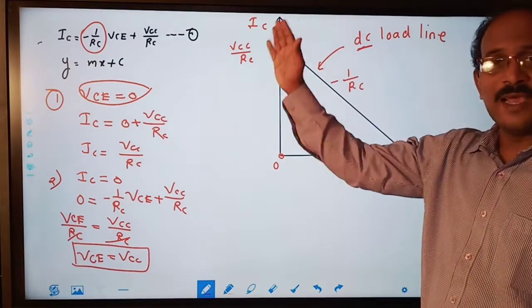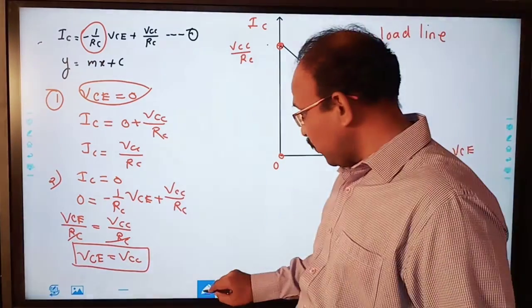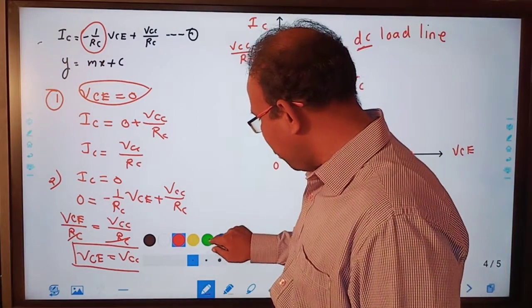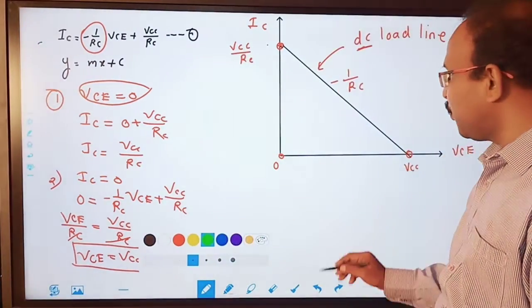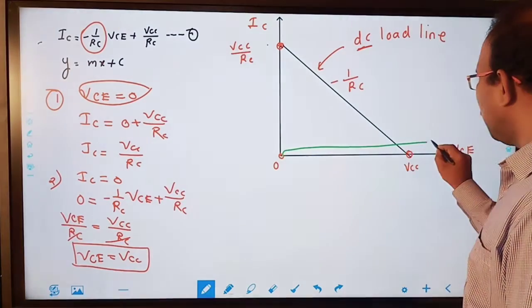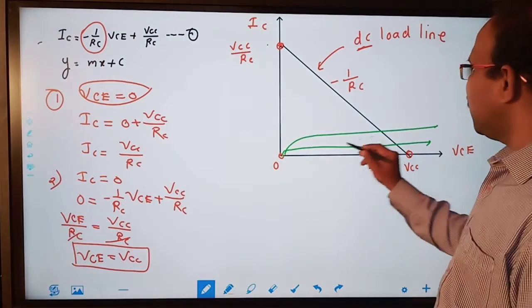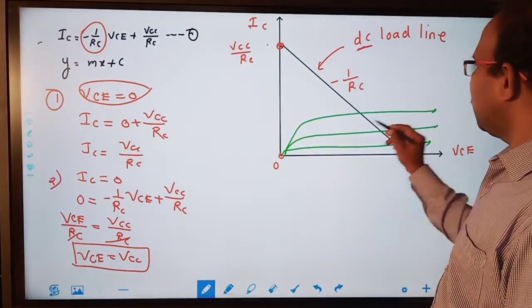One part is IC and the second part is VCE. Okay. What will be the variation of that? You know the output characteristics. We know this is IB equal to 0, then this is the second graph, third graph, like this.